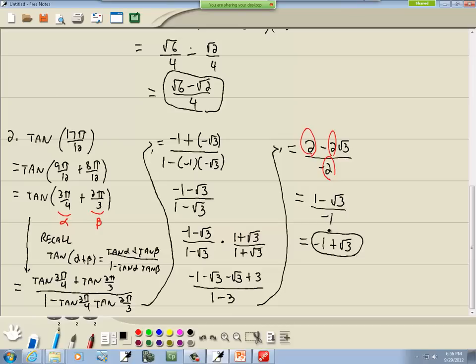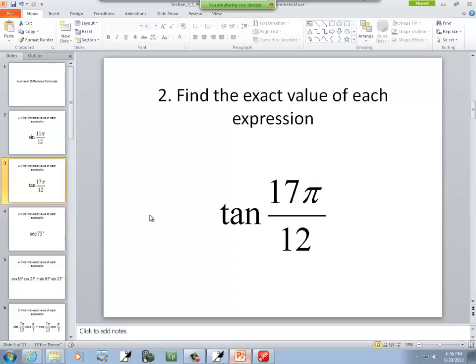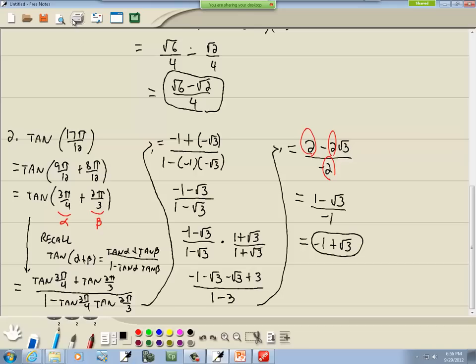Assuming I didn't mess up on a sign somewhere, or multiply or add wrong, I'm double checking my work here real quick. And that looks like our answer. Okay, so let me save this. What section is this? This is sum and difference formulas.